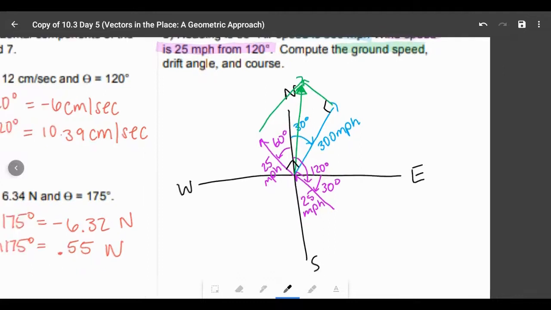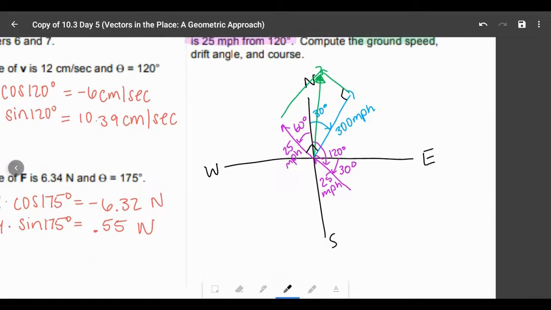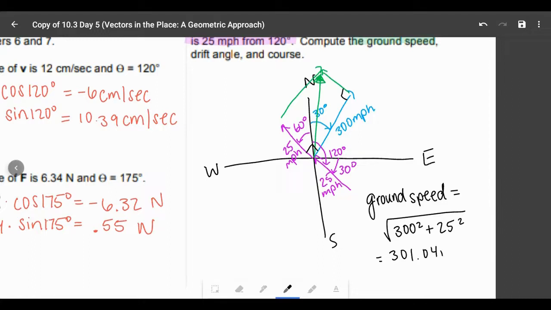That ground speed is going to end up being the square root of 300 squared plus 25 squared. And so that ends up being approximately 301.04 miles per hour. And that's the magnitude of that green vector.